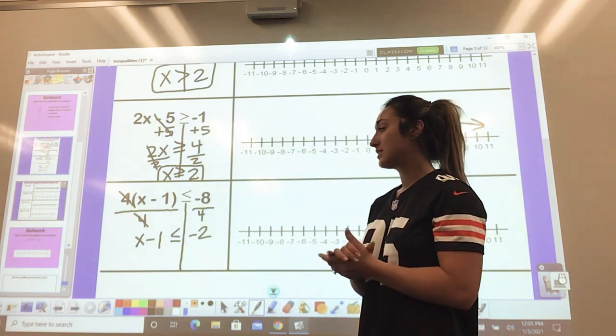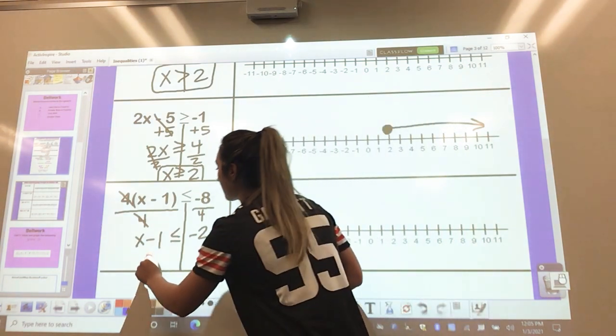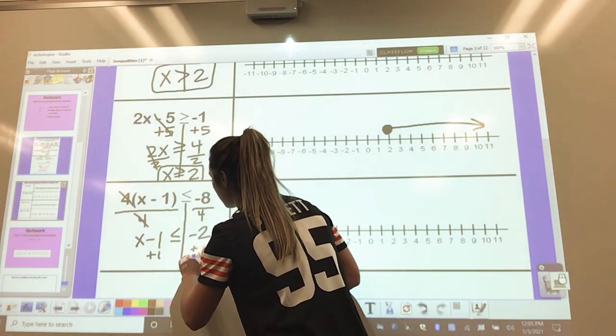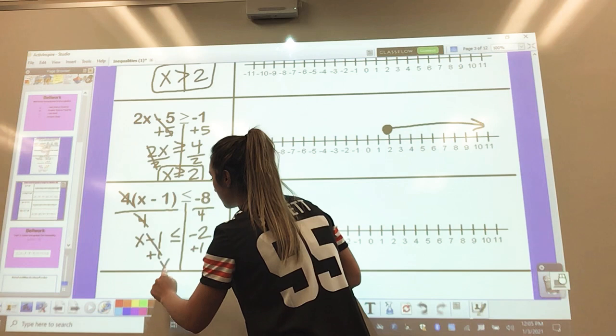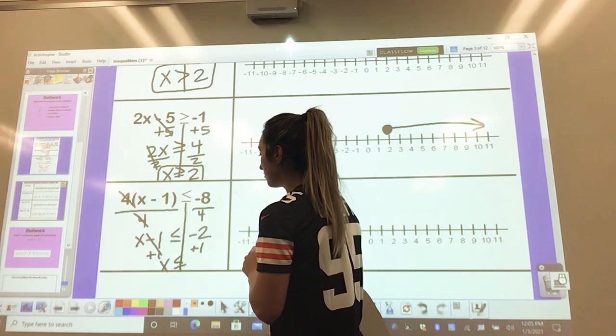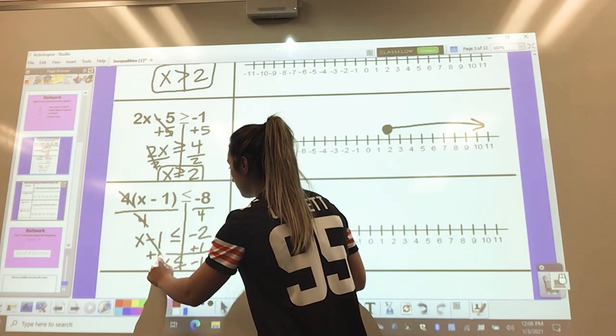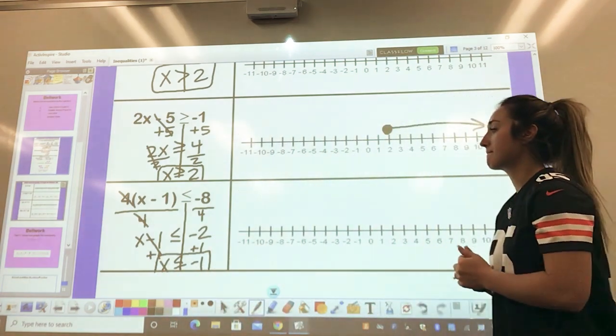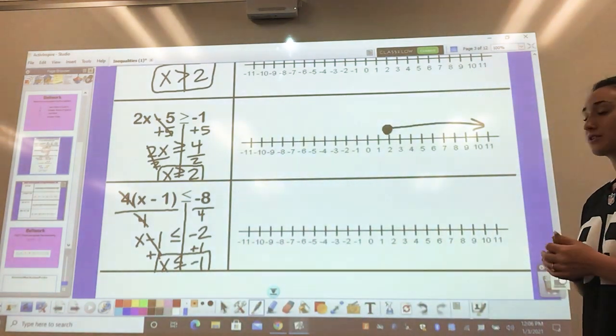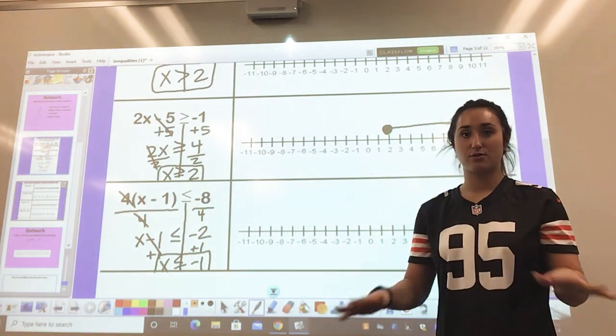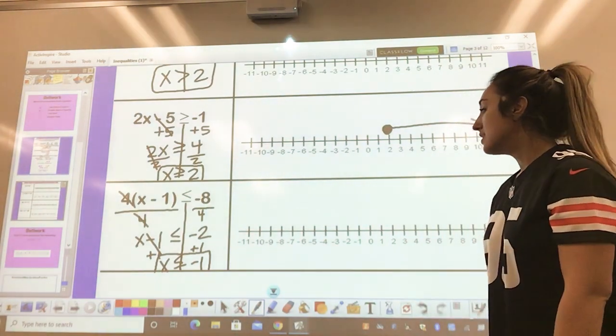And then we just have to get rid of that minus 1 by adding 1 on both sides. That leaves me with x is less than or equal to negative 2 plus 1 is negative 1. So x is less than or equal to negative 1 should be your answer no matter which method you chose.